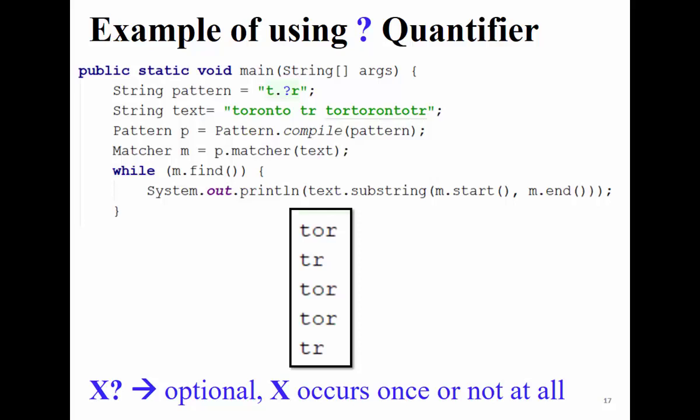But here, we are saying once or not at all, which means we can retain a pattern that starts with T, ends with R, and nothing between. As you can see in the result, we have TR, TOR, TOR, then TR. These are all valid matched expressions for our expression. All the students can see the difference between this example and the previous one.